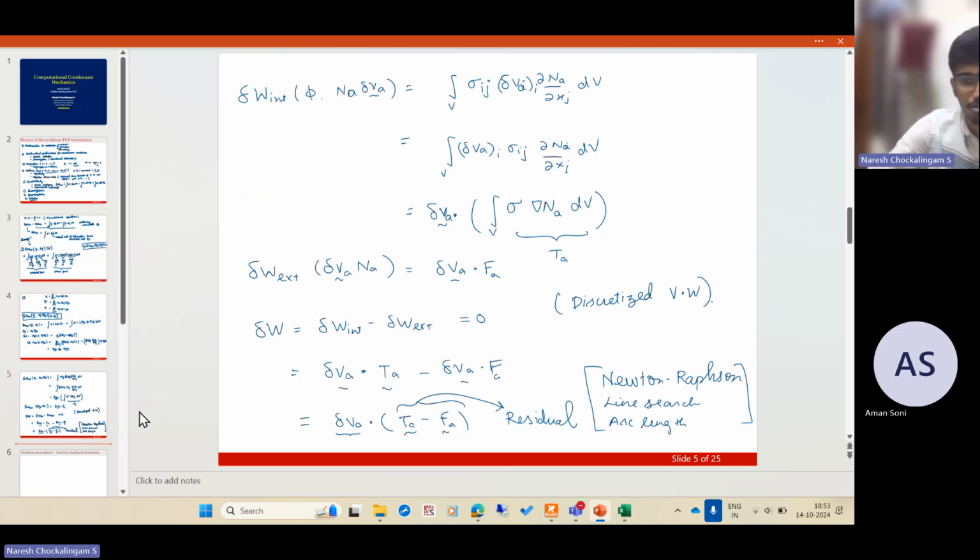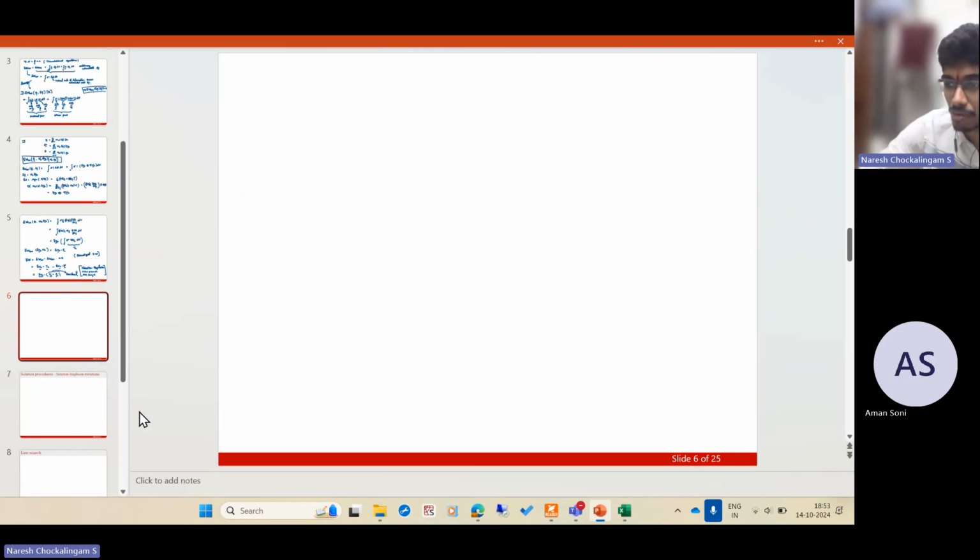But this is not enough. We also need to linearize it. So if you recall, when we linearized it, the linearized virtual work expression is as follows.